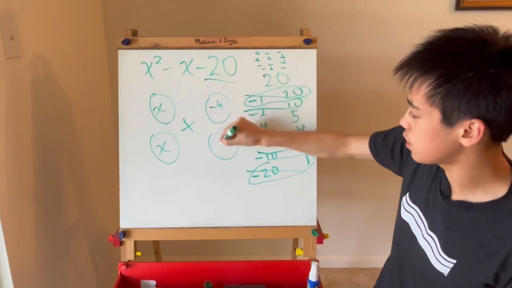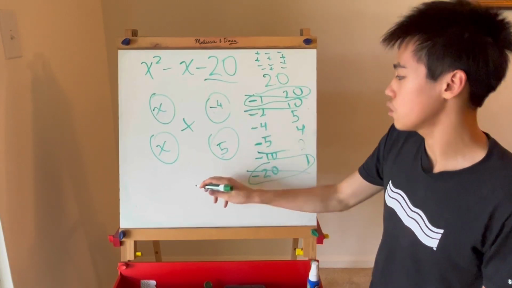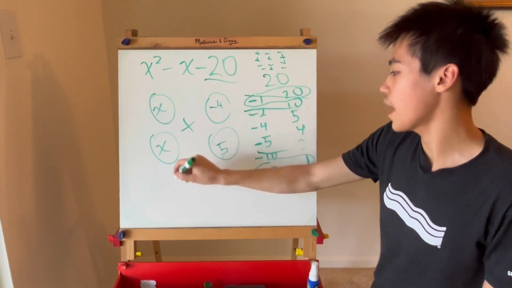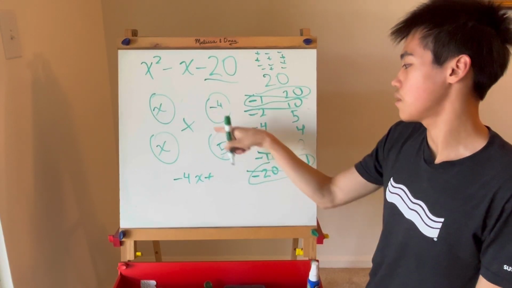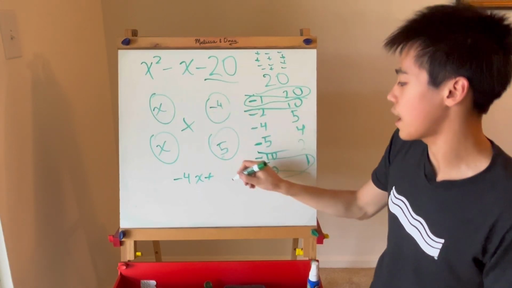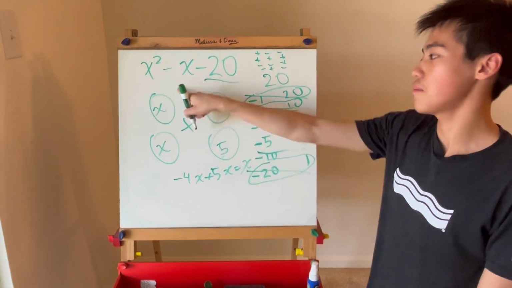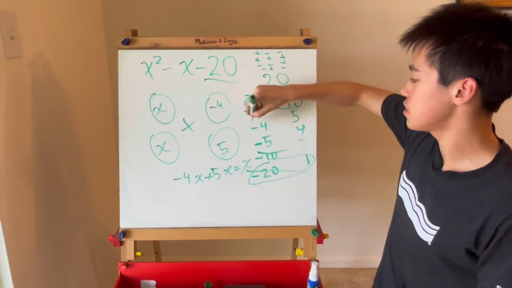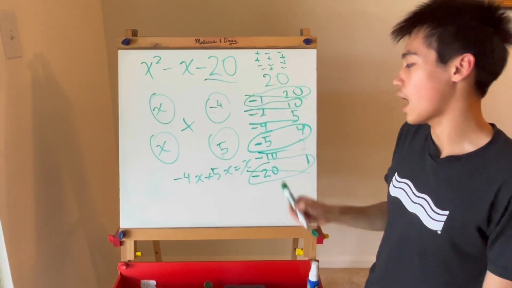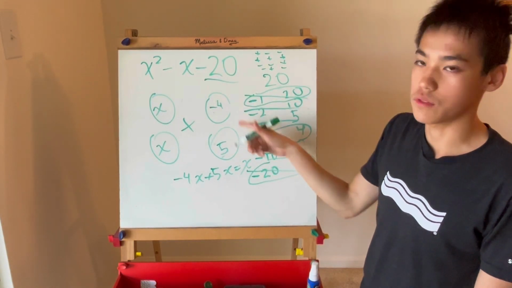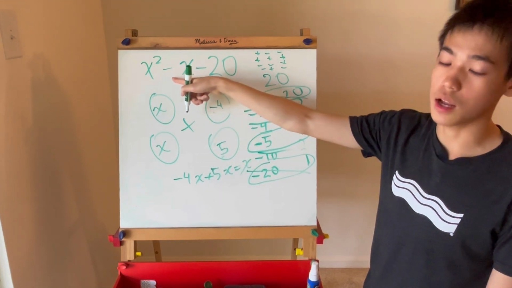And again, if you want to do it using this visual, we can see that -4x is this product, and this diagonal has a product of 5x, and that's just x. So x doesn't match -1, so this is out. And this pair must be our final pair of numbers that multiply to -20 and result in -1 as our x coefficient.